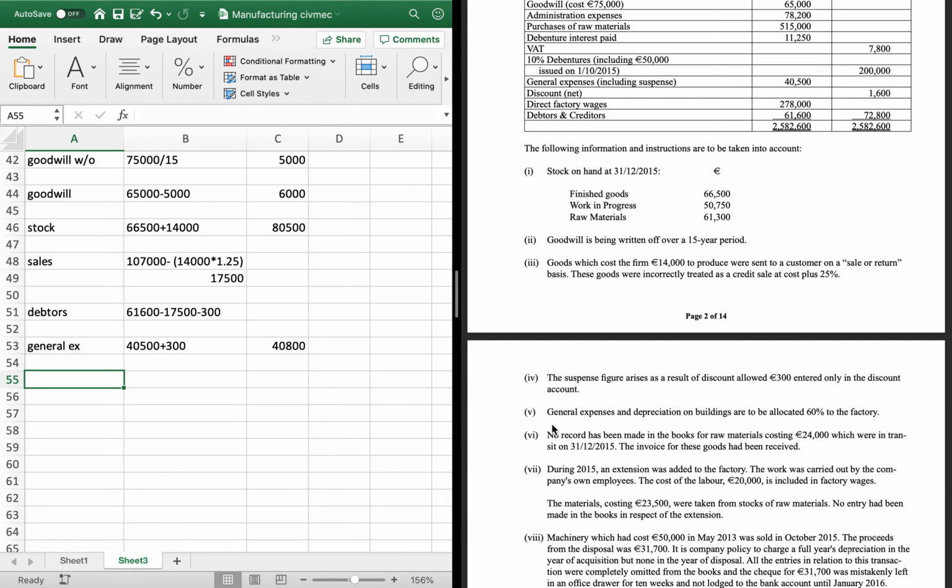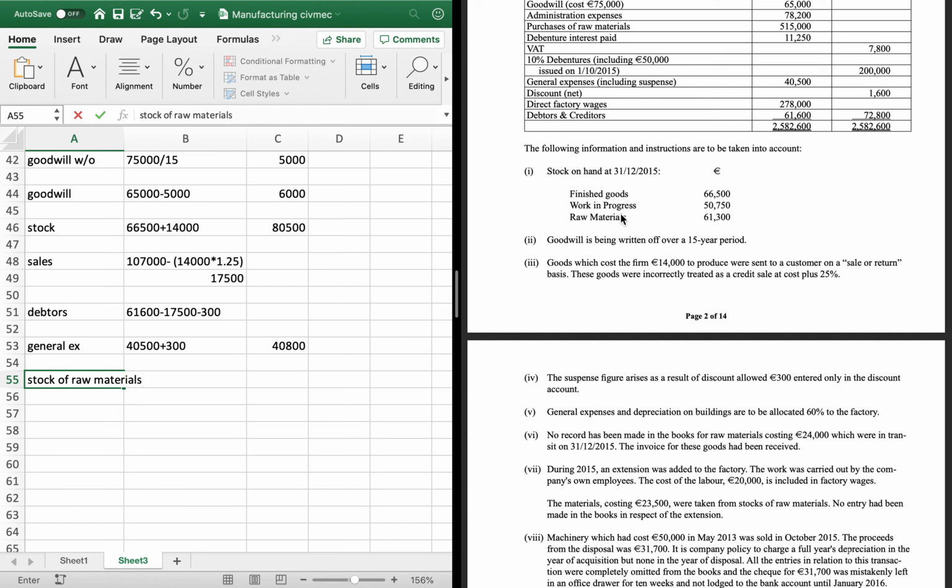Number 4, no record has been made in the books for raw materials costing 20,000 which are in transit. The invoice for the goods has been received. So we've bought raw materials. They haven't arrived in our factory, but we own them. So it's stock of raw materials, closing stock of raw materials has to go up.